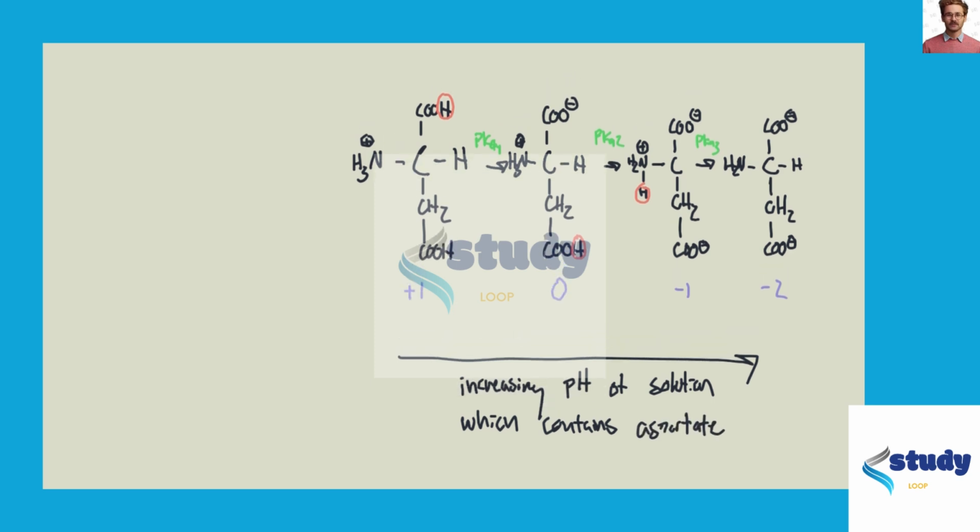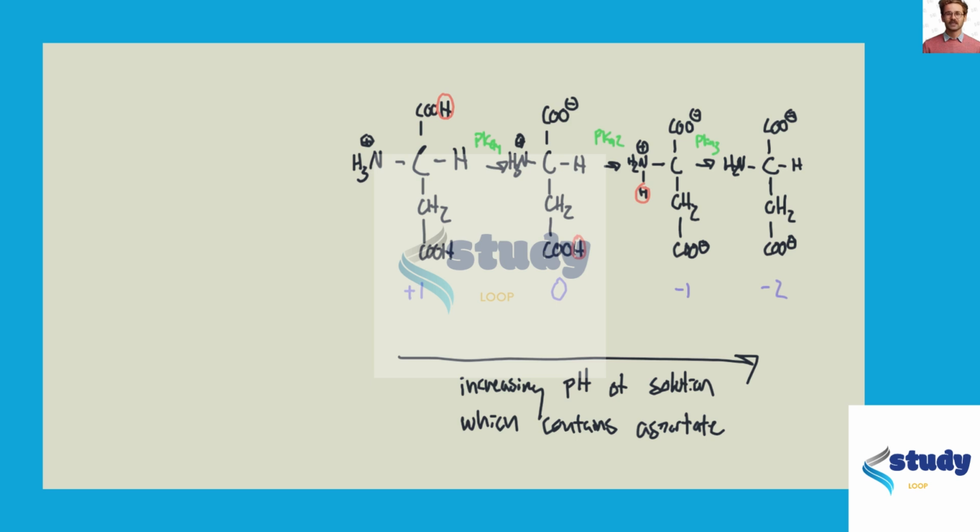So the idea is if you put aspartate in a beaker at, say, neutral pH, or let's say acidic pH, you would find that both carboxyls as well as your ammonium would be fully protonated.